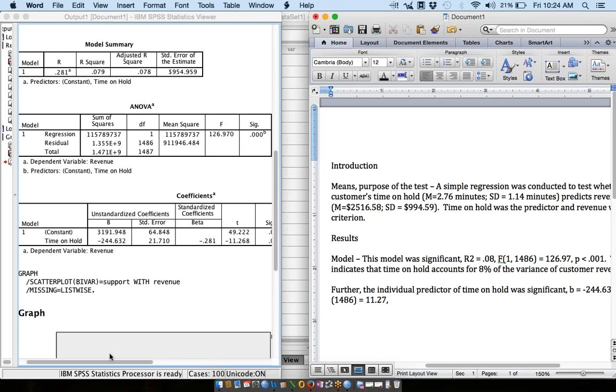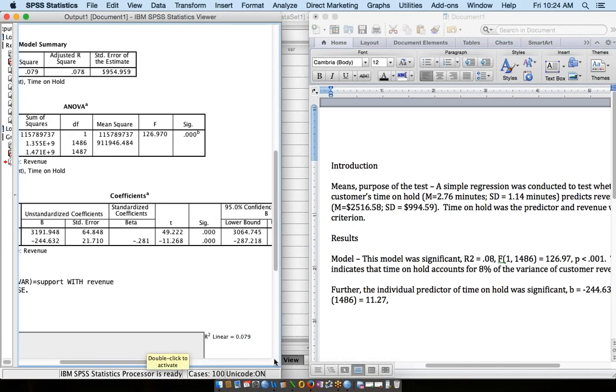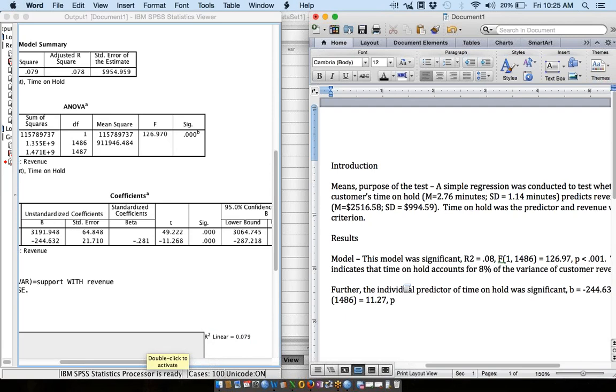Oops, and then the p-value, and then I want to say something about the relationship. This is a negative relationship indicating that the more time on hold a customer spends, the less money they spend.